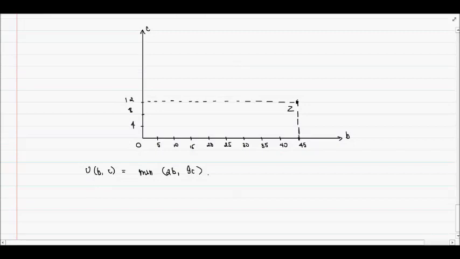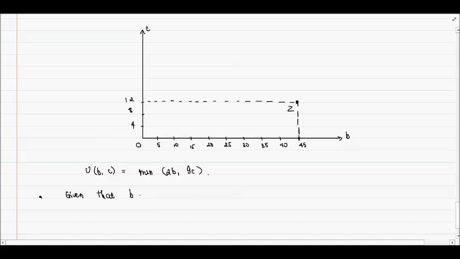Okay, so we want to show that, given C equal to 12, if we want to keep the same amount of B, we do the vertical first.